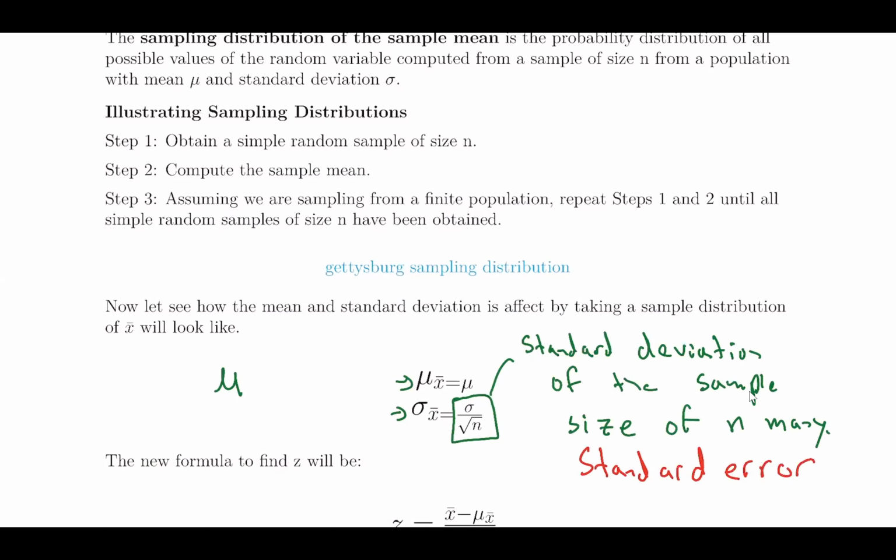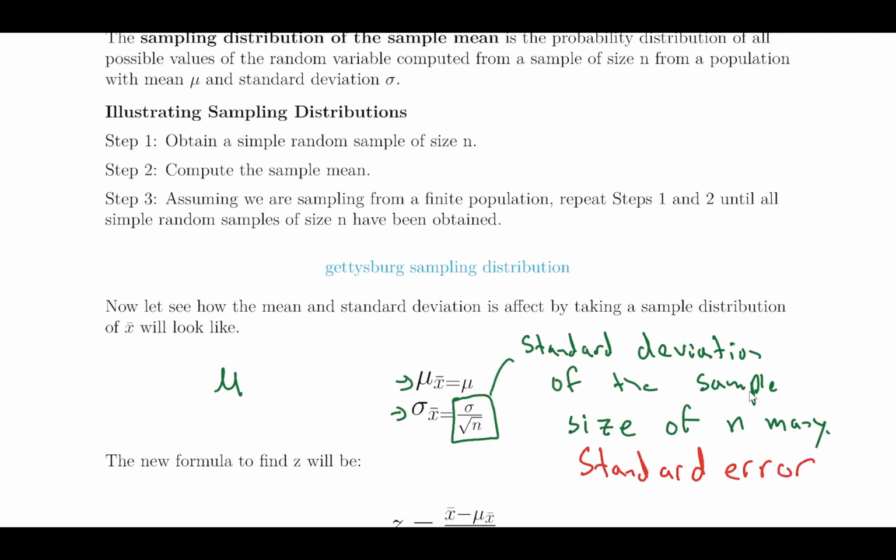So sigma of x bar is essentially the standard deviation of the child distribution. The child distribution is when we take a sample size of n. In the book, this is called the standard error. So whenever you see standard error, they're talking about sigma of x bar.